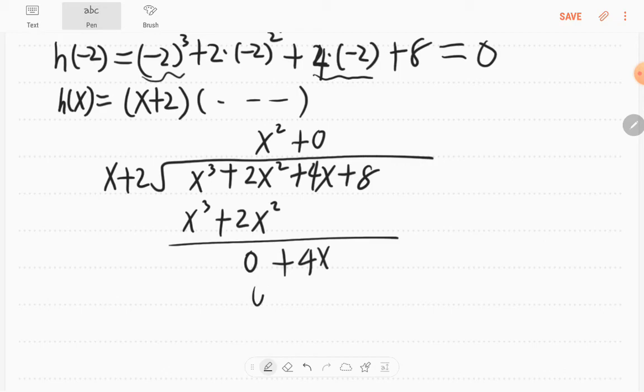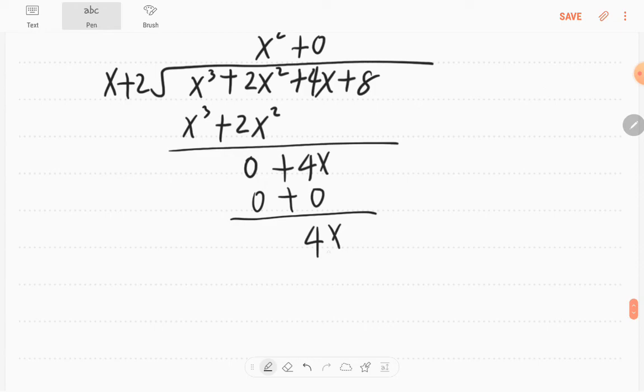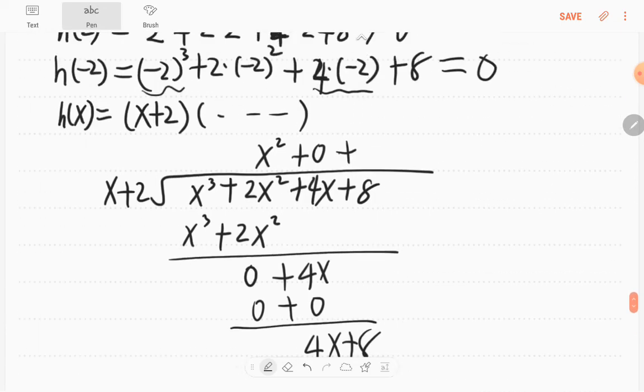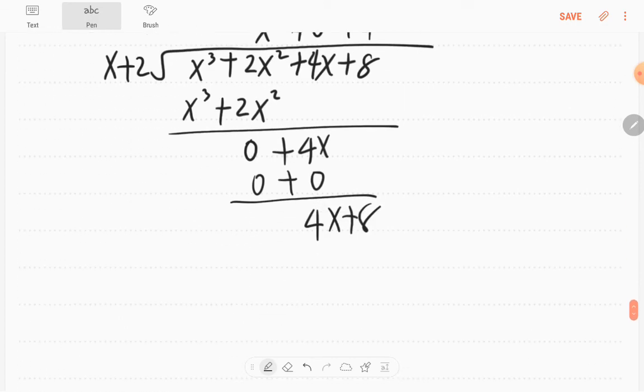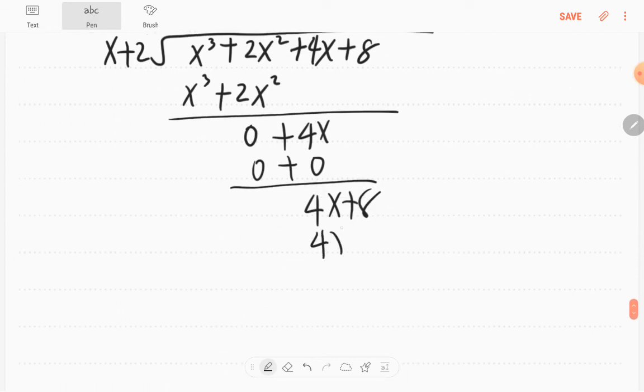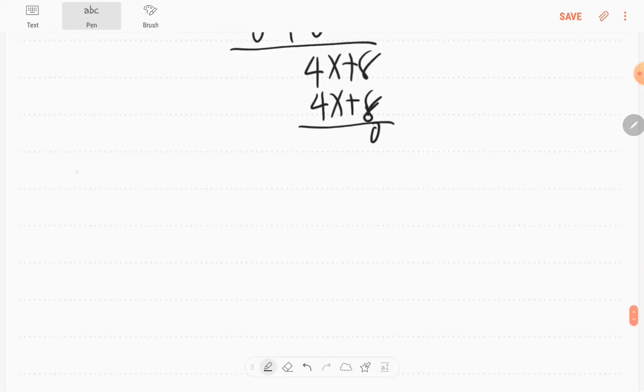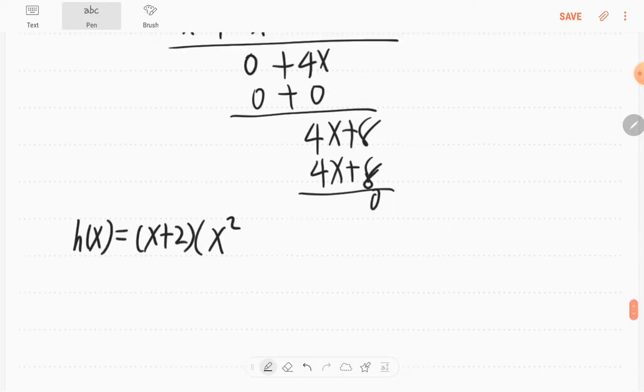It's 0 plus 0. So this would be 4x plus 8. So it's plus 4. So this is the 4x plus 8 equals 0. Okay, so our h of x can be written as x plus 2 times x squared plus 4.